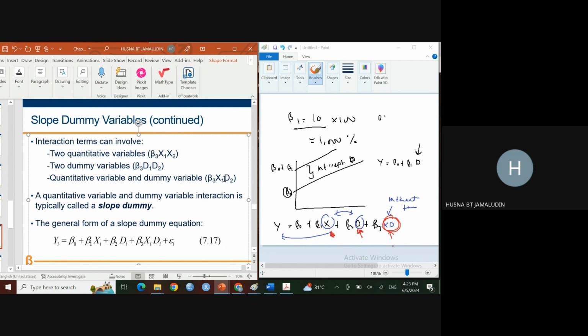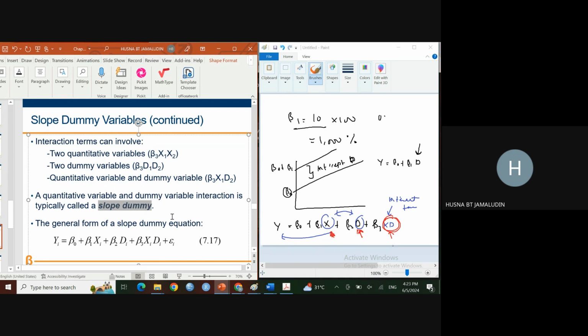When your quantitative variable x1 and dummy d2 interact with each other, you call it slope dummy. I mentioned slope dummy is not the slope for the dummy. It's actually an interaction term when you have a quantitative and a dummy variable put together.